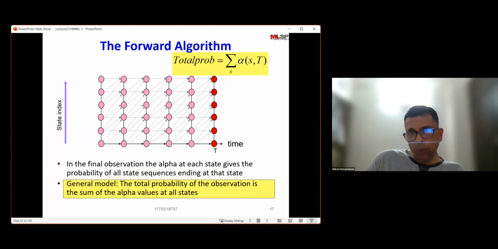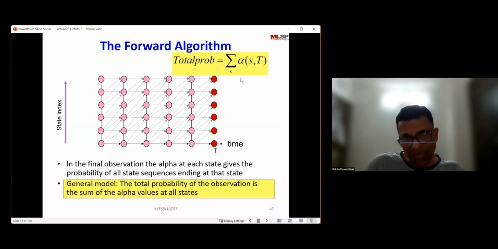So over here in this formula, this is just the alpha. The alpha already includes the latest observation, right? So alpha st over here is going to be the probability of all observations until here and being in the state. Similarly, the alpha for this state is the probability of all observations and being in the state.